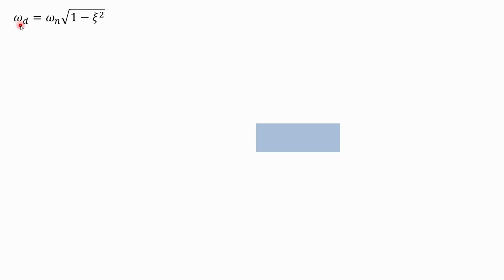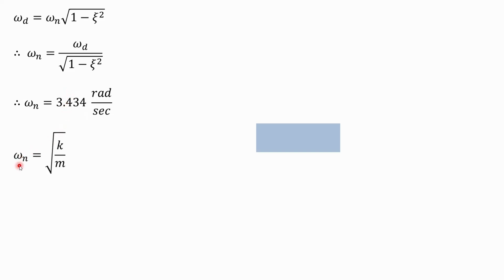Now we know that damped angular frequency omega d is equal to omega n square root of 1 minus zeta square. So omega n will be equal to, this term which is in multiplication will go on this side in the division, so it is omega d divided by square root of 1 minus zeta square. Substitute all the values. Omega d we have calculated, zeta we have calculated, and check whether you are getting this answer or not. Now omega n is equal to square root of k by m.